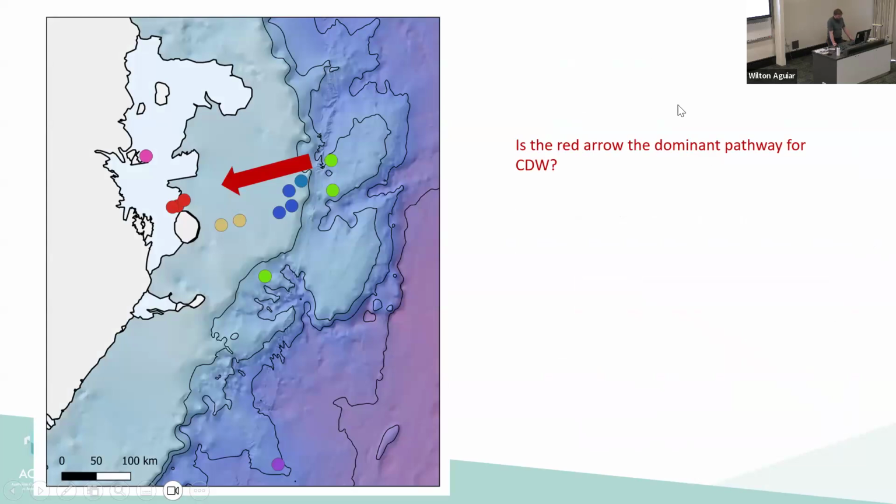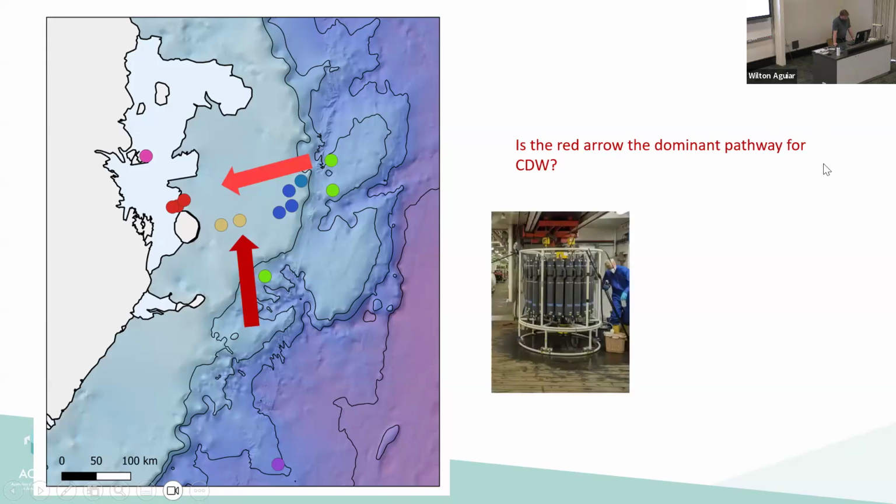And it made me ask the question first, is this red arrow the dominant pathway for circumpolar deep water? Or are there alternative pathways that may be the main one that's in effect that is then being stored in these sediments? So what I wanted to then do was go away.